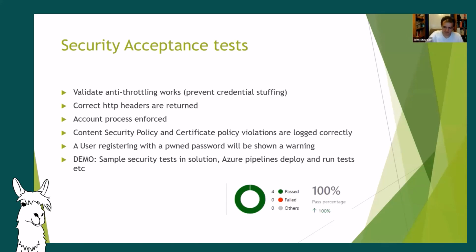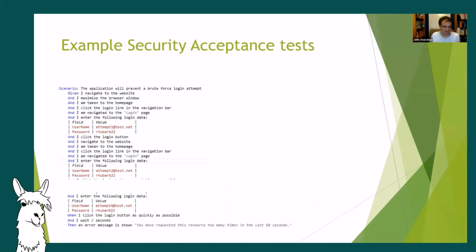As part of the Security Essentials project, I've got some examples of security acceptance tests that you can do. So you can validate the anti-throttling works. That's this one here. So I log into a website, I put in a duff password, I log in, put in another duff password, I log in, do another duff password.